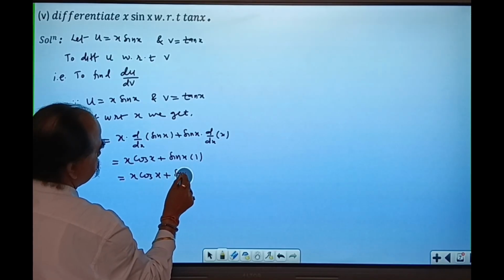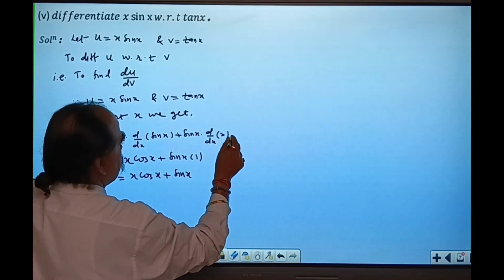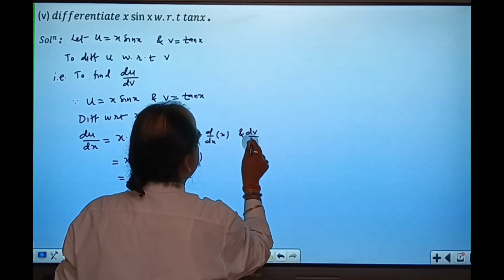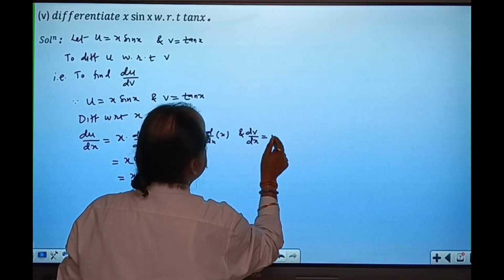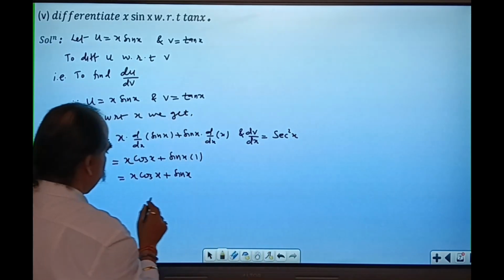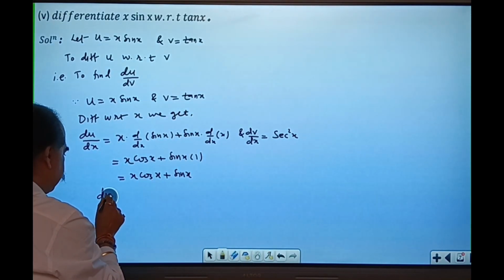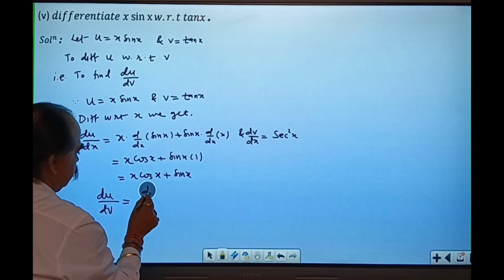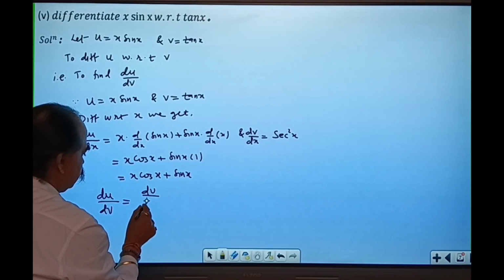X cos x plus sin x into 1, that is x cos x plus sin x. And dv by dx is what? Derivative of tan x is sec square x.